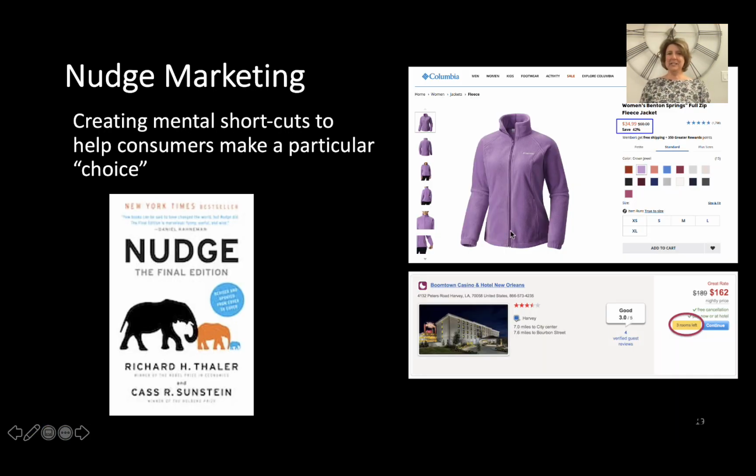So that's consumer behavior. Now there's one more topic I want to talk about. This is one of my favorite topics ever. It is called nudge marketing. It comes from behavioral economics, and Thaler and Sunstein actually won a Nobel Prize for this book. I usually teach the entire nudge book in my in-person consumer behavior classes, but nudge has really influenced a number of different disciplines, particularly e-commerce.